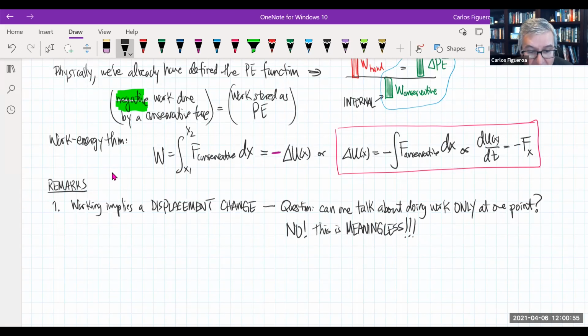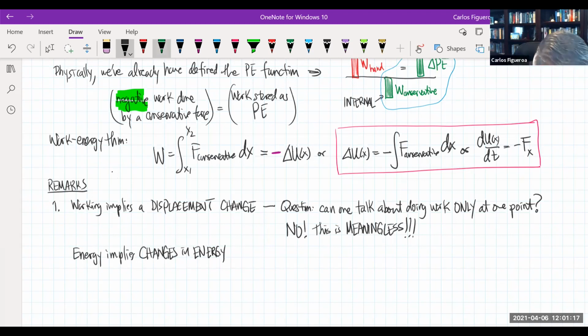So when we talk about energy, it only implies changes in energy.